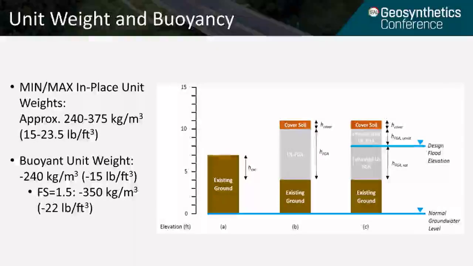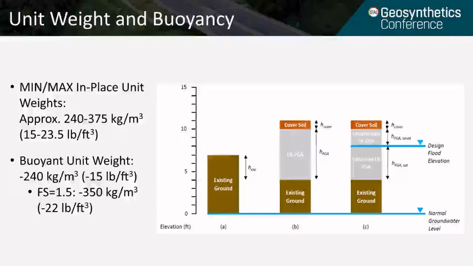So this should be used in any type of load or surcharge calculation where, for example, you're trying to calculate the effect of raising the grade over existing ground. So, for example, we might be considering the situation shown in Figure A to the proposed condition shown in Figure B.